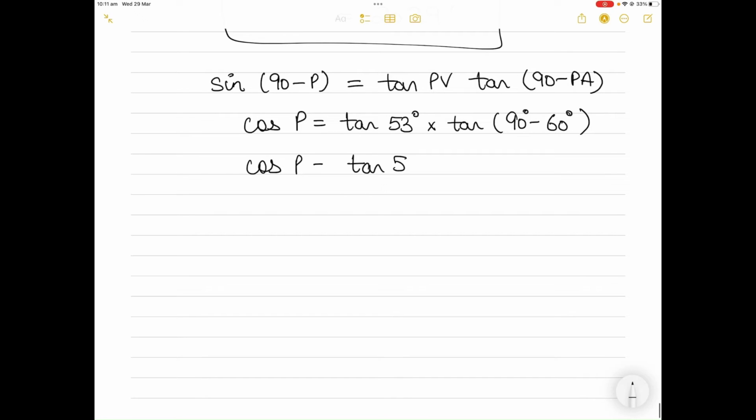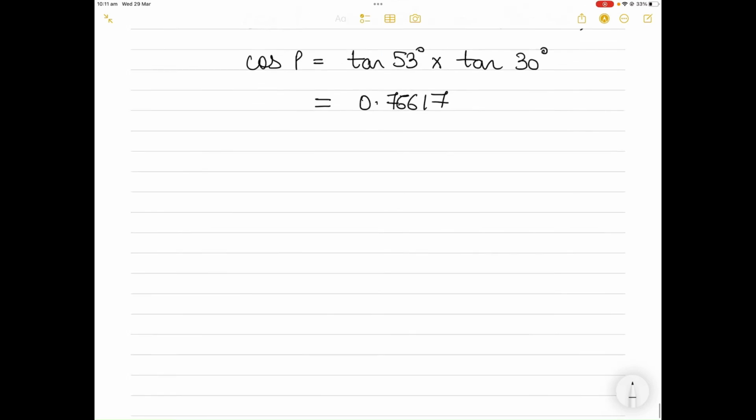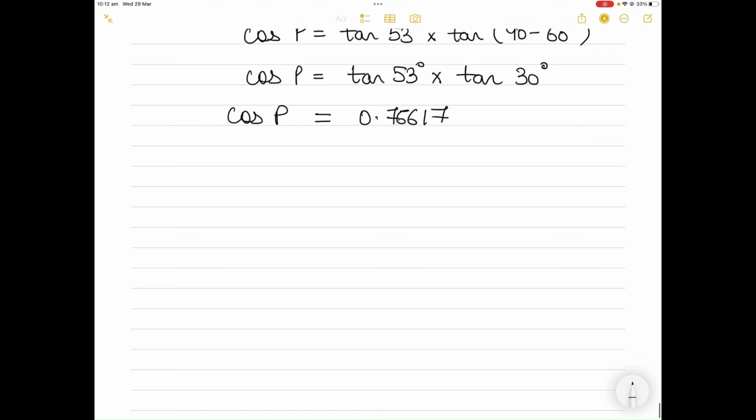So you can write tan of 53 degrees multiplied by tan of 30 degrees, which is nothing but equal to 0.76617 cos of P. So P here becomes 39 degrees 59.3 minutes.